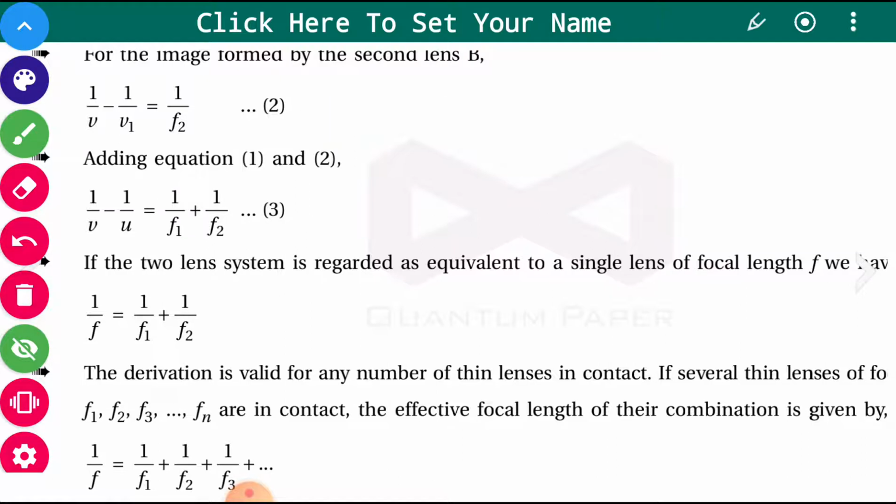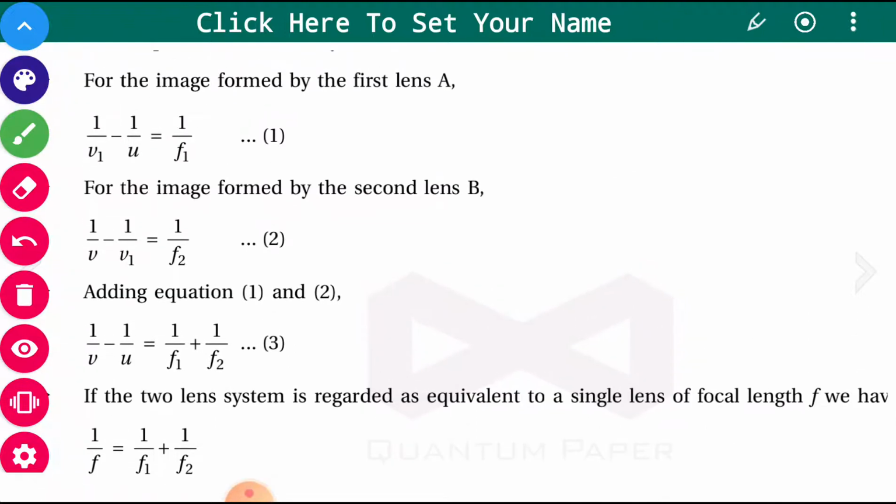Now we just add the two equations. Then 1/v1 cancels out, and you have 1/v minus 1/u equals 1/f1 plus 1/f2.